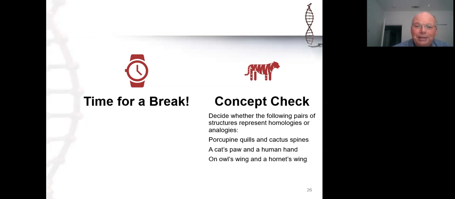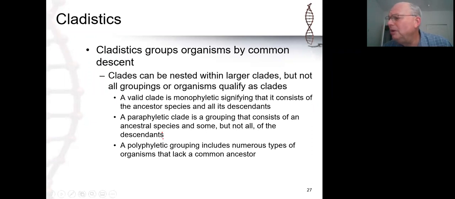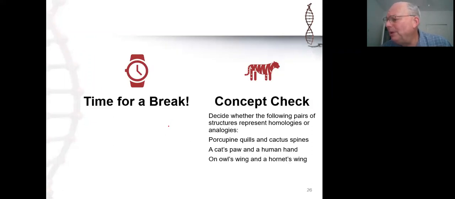And so the reality is, as similar as quills and spines may look, they are in fact analogous, because both of these species do not share a common ancestor. So these are analogous.